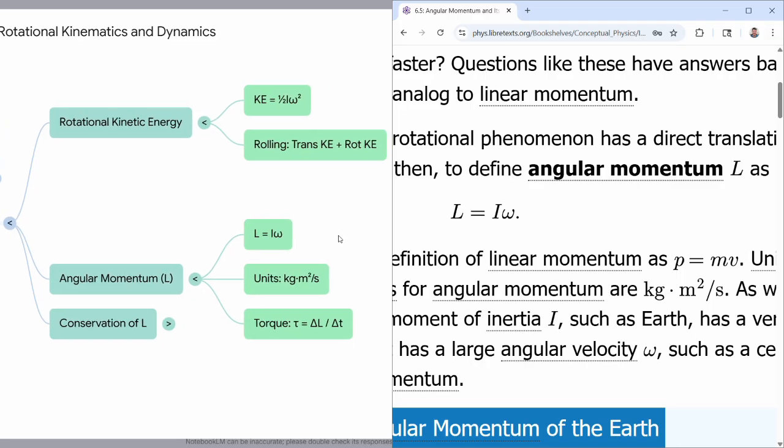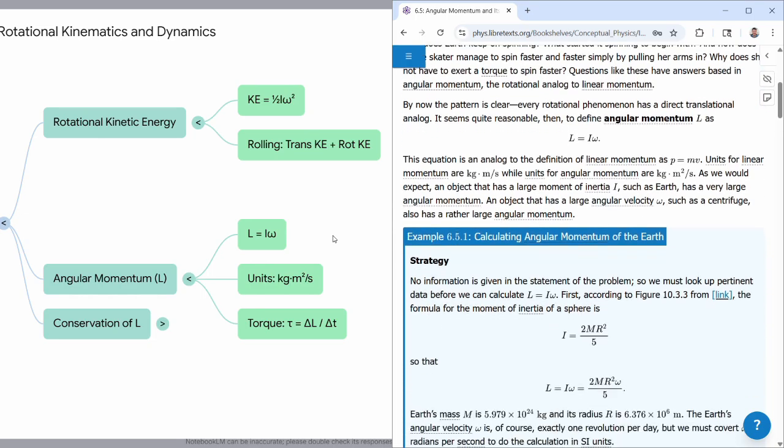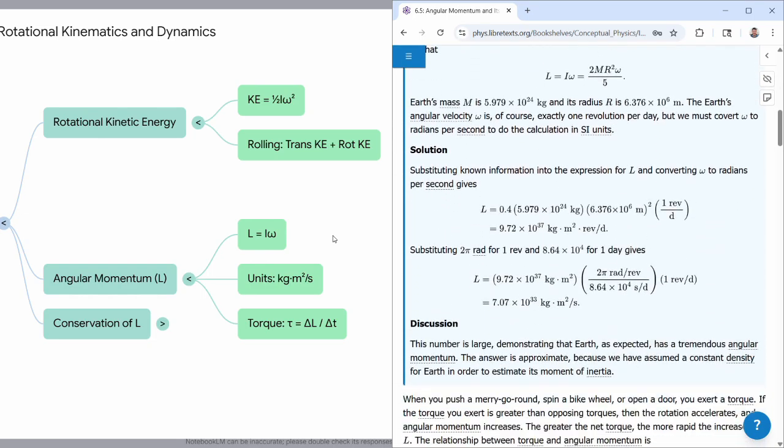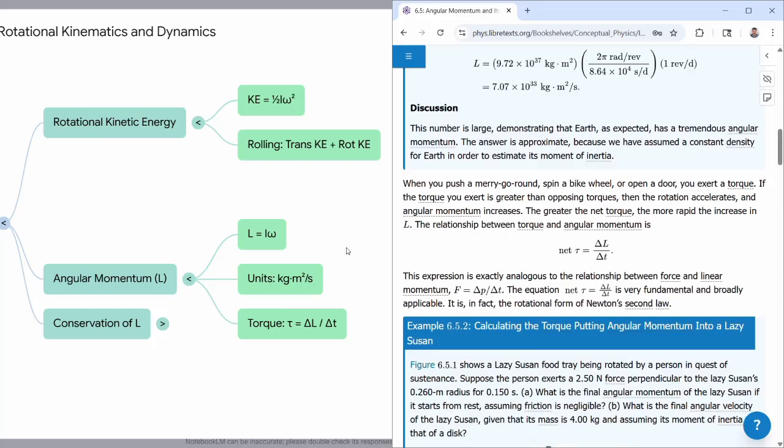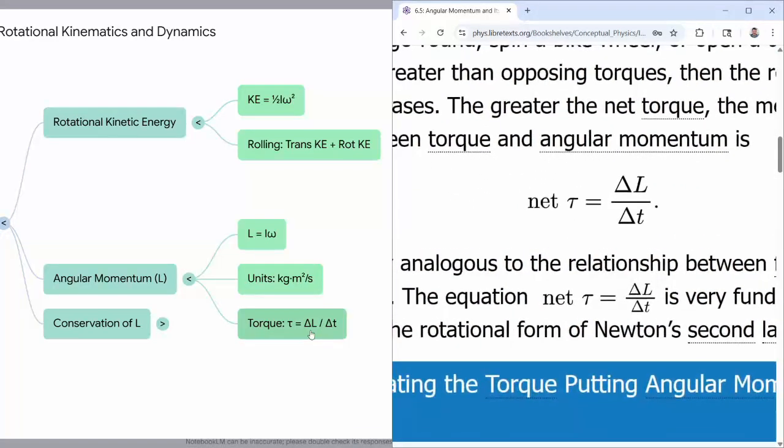And in the translational context, after we introduced the momentum, we talked about how the true form of Newton's second law is described in terms of momentum: force is the rate of change of momentum. Same deal here. Torque is the rate of change of angular momentum, delta L divided by delta t.